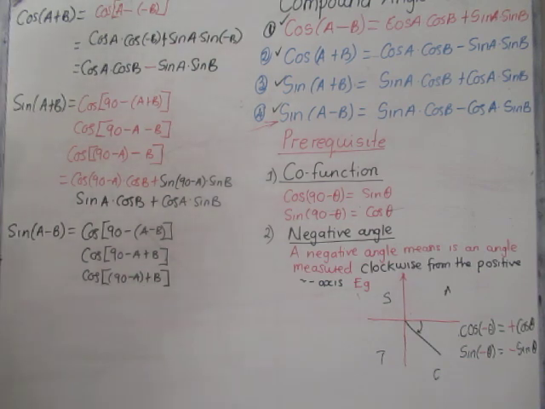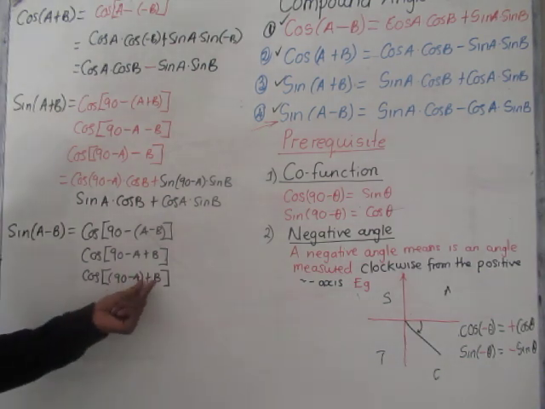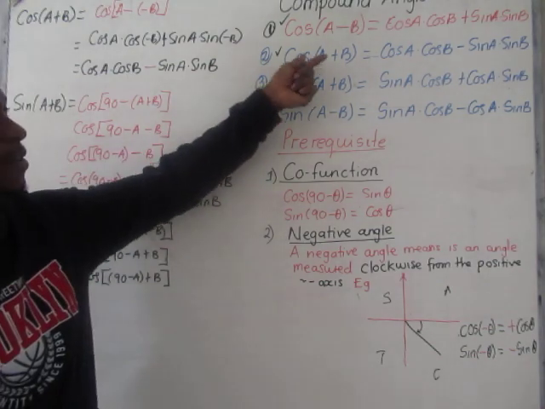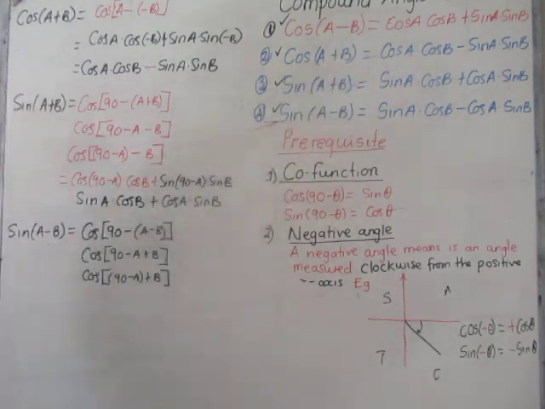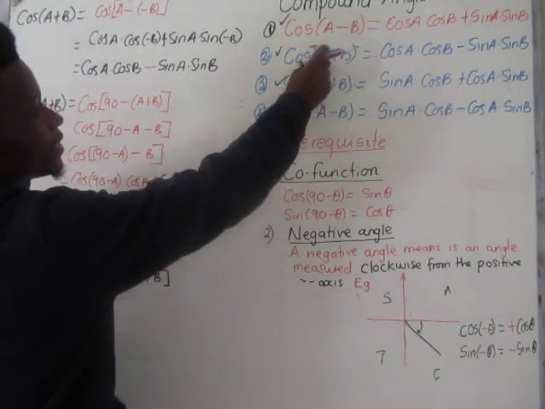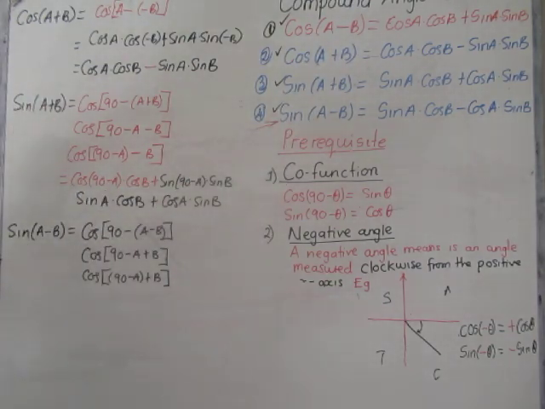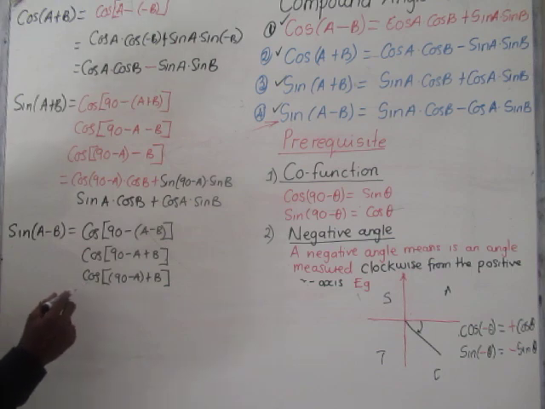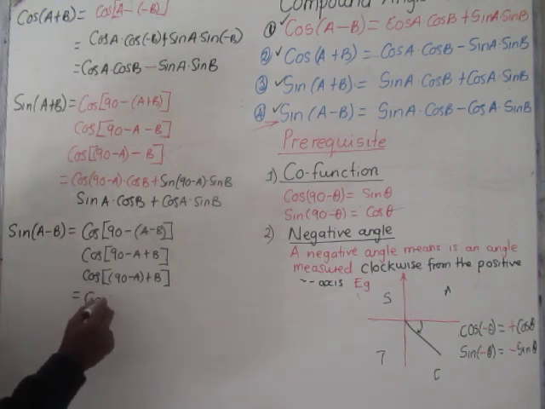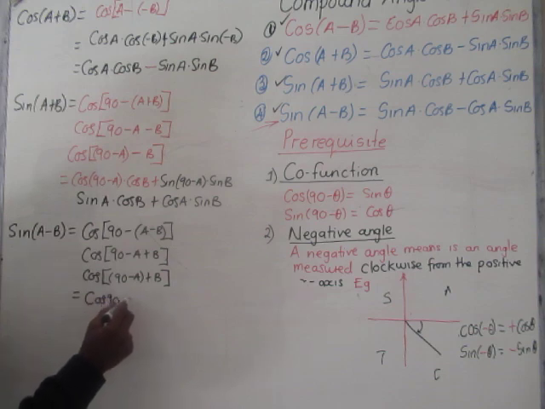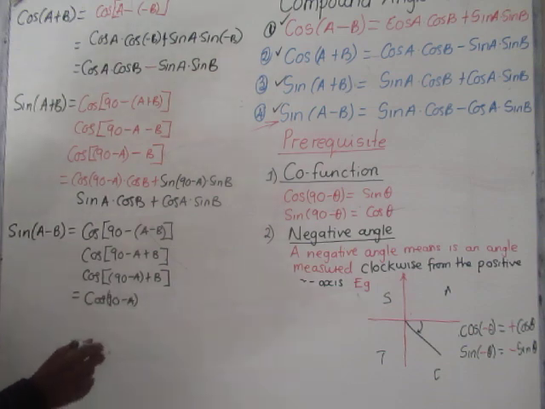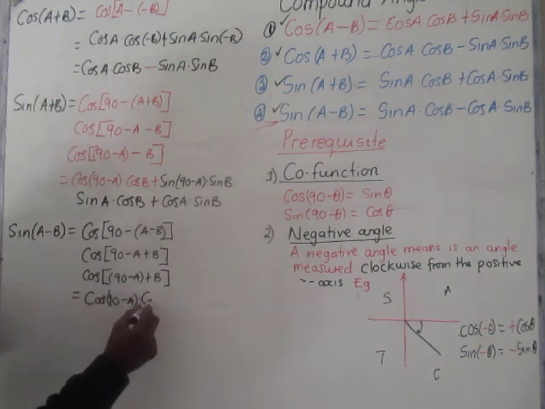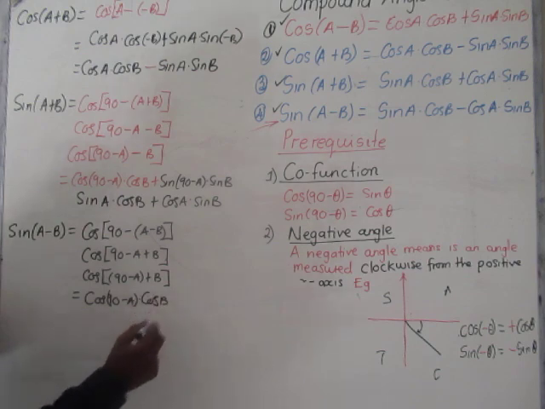And what do we notice? This is cos of an angle plus another angle. So now I can use the compound angle formula of cosine. We can say this simplifies to cos(90 minus a) times cos b.